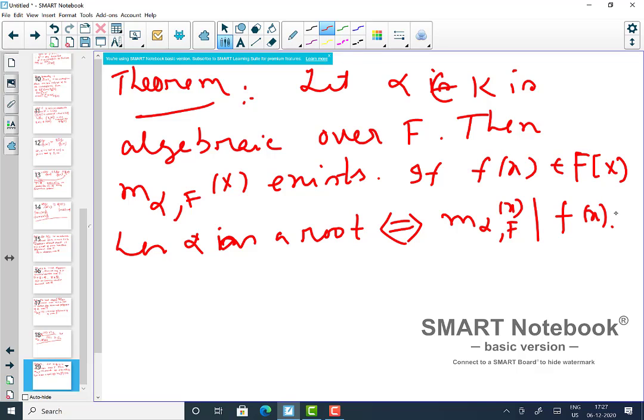If m_{alpha,F} divides f(x), then f has alpha as a root, that is trivial, and conversely also. So the minimal polynomial of an algebraic element always exists. And how do I prove it? So let us prove it.